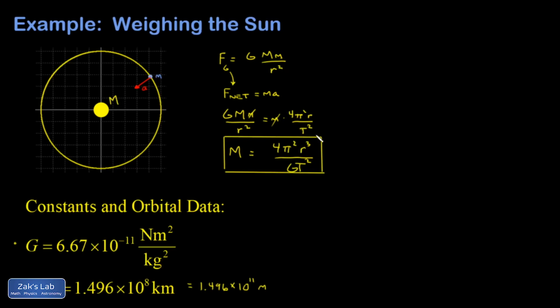And then T, we're going to have to actually do some work. Well, what's the period of rotation of the Earth around the sun? That's a year. So I'm going to have to do a unit conversion on a year. T equals 1 year. And we'll just be a little bit crude about this and just say 365 days.